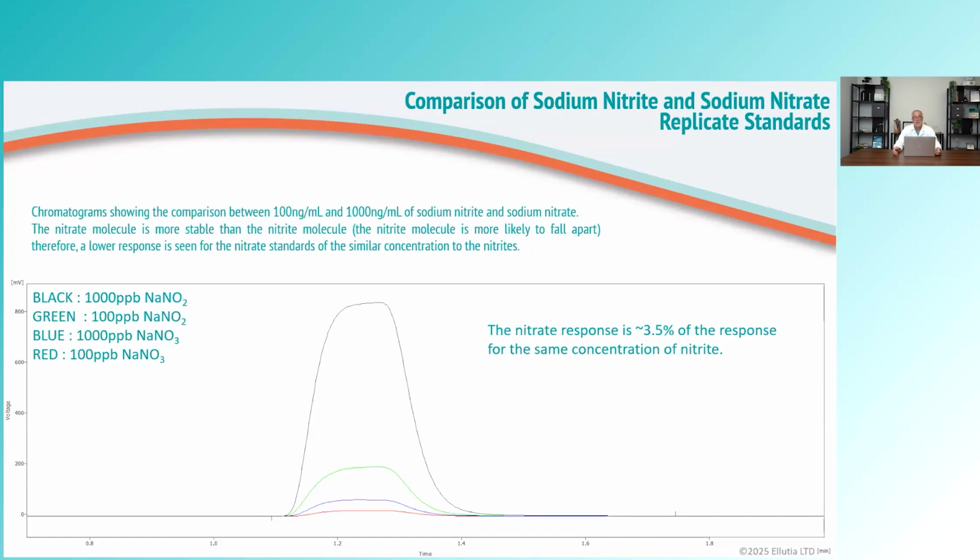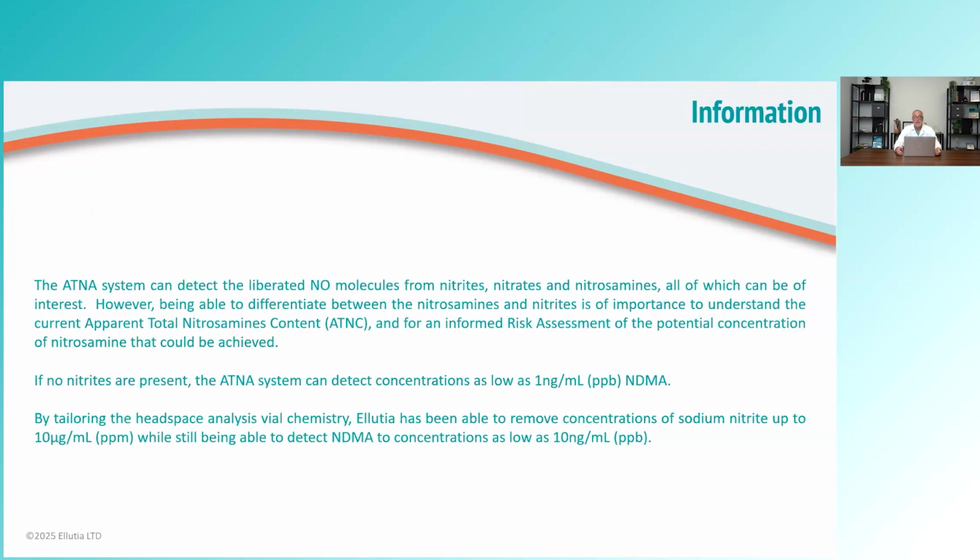So, as can be seen, 1 ppm of nitrite, 100 ppb of nitrite, 1 ppm nitrate, 100 ppb nitrate. So our ratio of recovery is about 3.5% compared with the response from a nitrite. So the ATNA system can screen as low as 1 ppb of NDMA or screen for nitrosating agents in ingredients.